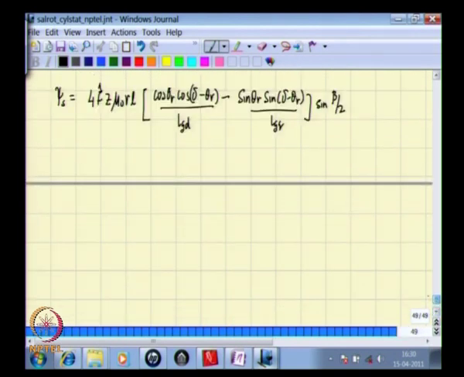And now let us expand this f hat. We know that f hat is equal to 8 times z sin beta by 2 into Is divided by 2 pi.